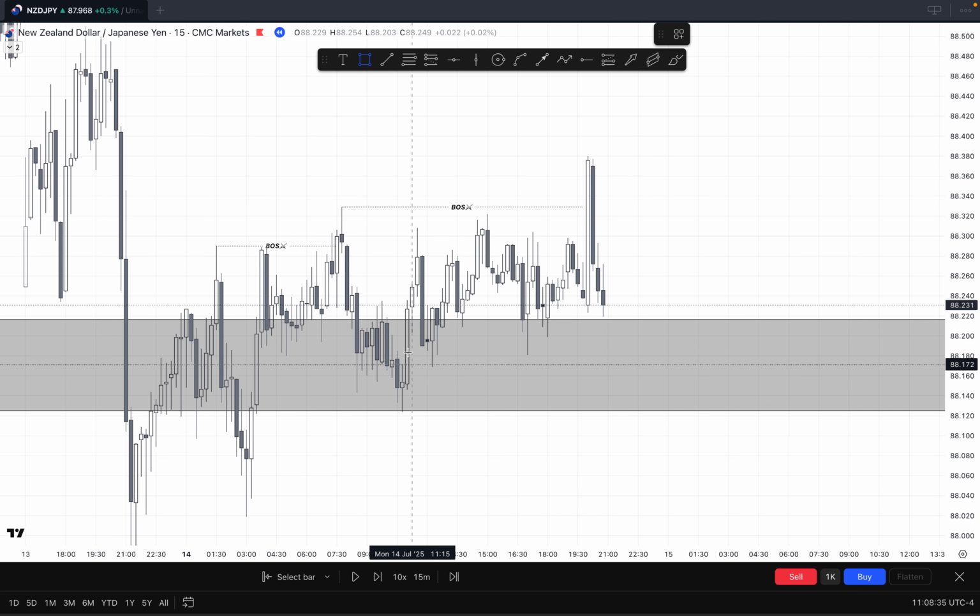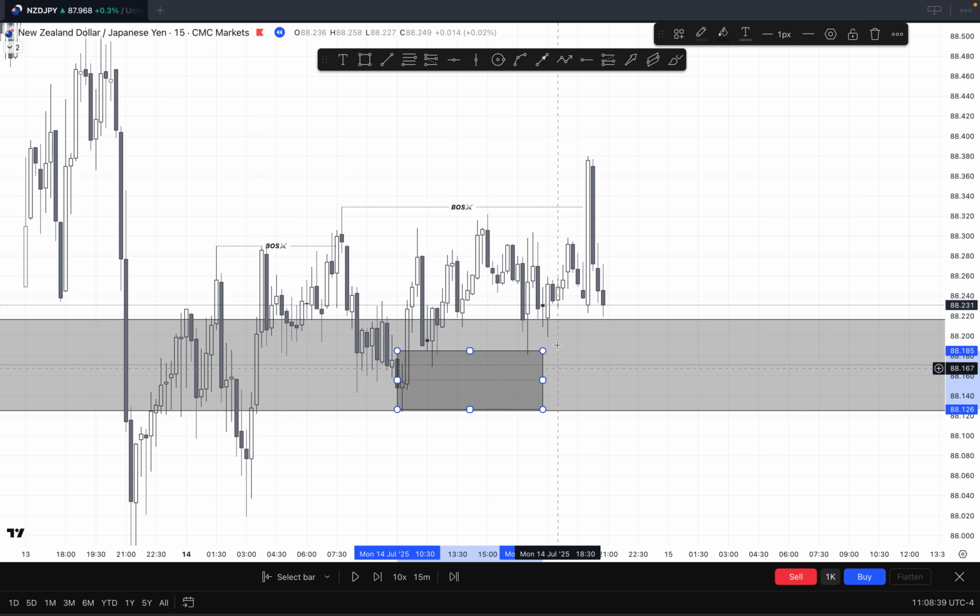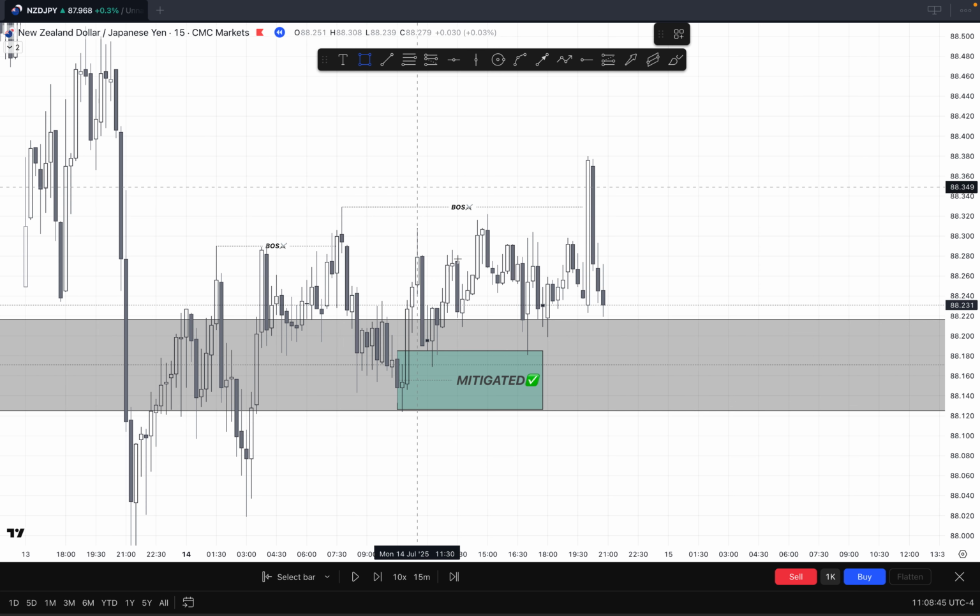So we would have the order block here that got mitigated twice, so it's of no use. Then I would have this here now. This would be the most recent order block, I would say, before the up move. So it would be this one right here.